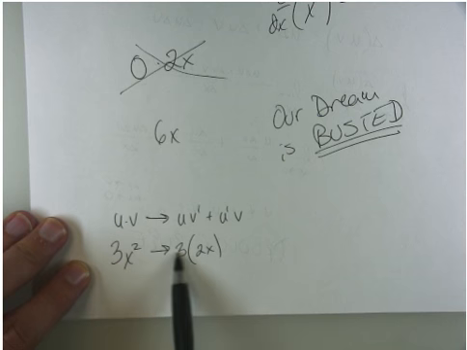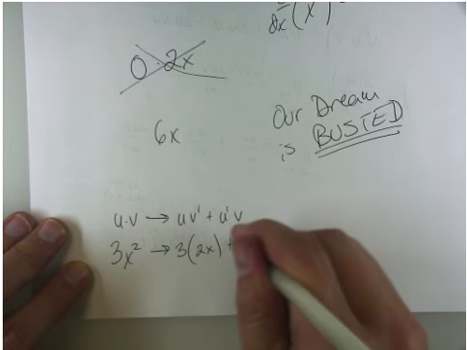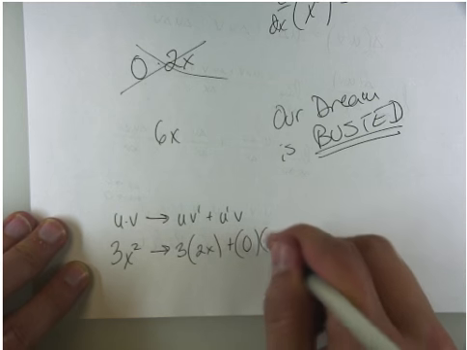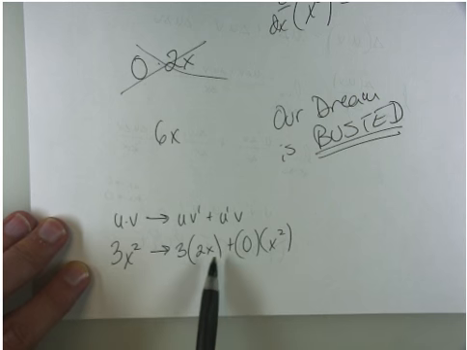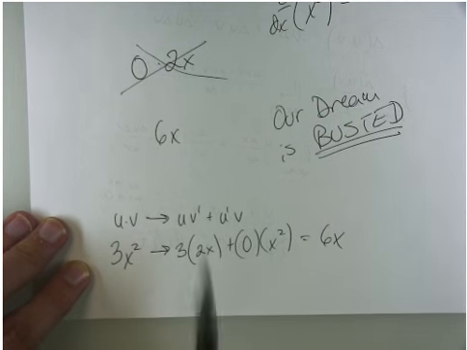U, I'll leave the first thing alone, and I'll take the derivative of the second thing, 2x, plus u prime, that's my 0, and then v left alone, and v left alone is x squared. So I'm thinking that 3x squared should be going to 3 times 2x plus 0 times x squared, and that's 6x. Oh wait, that's what I should have been getting.